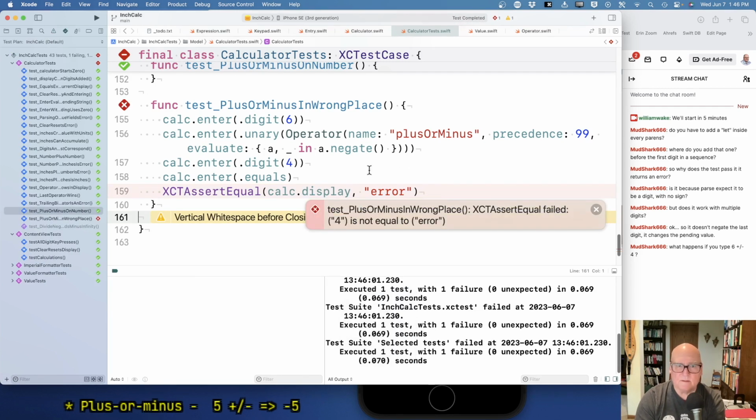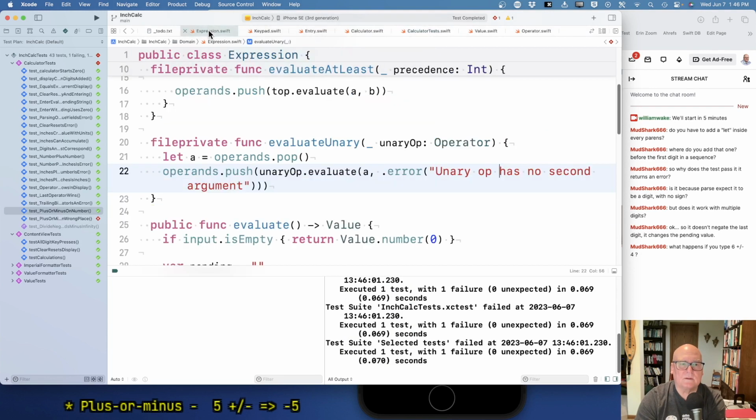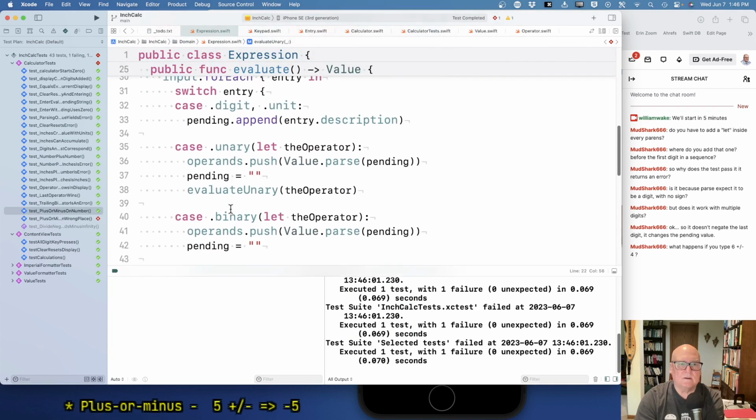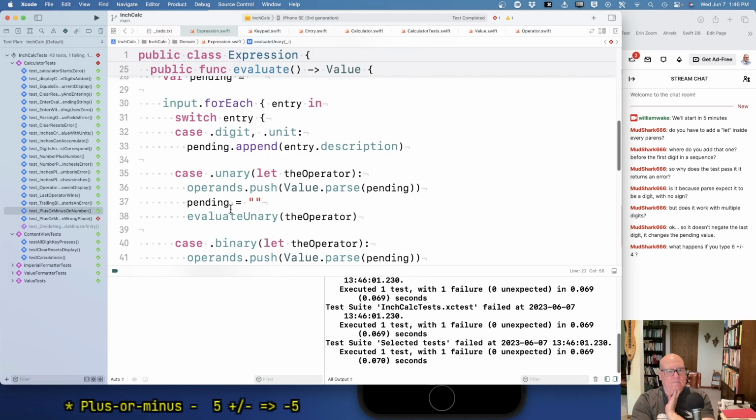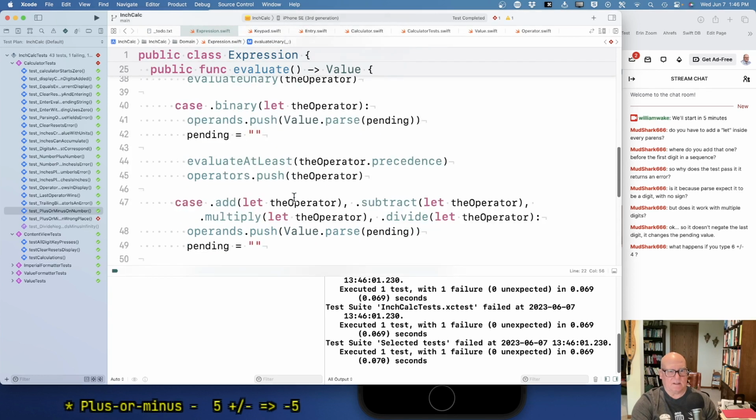So what's happening is the 6 gets appended, the plus or minus parses that 6 and pushes it on the stack, then the unary operator comes in and negates it, so it's -6 on the stack.